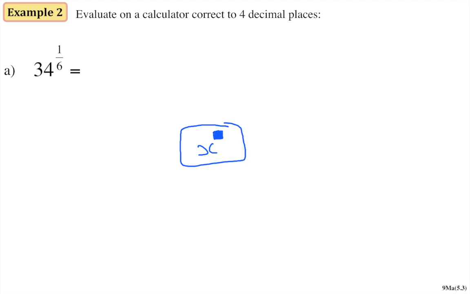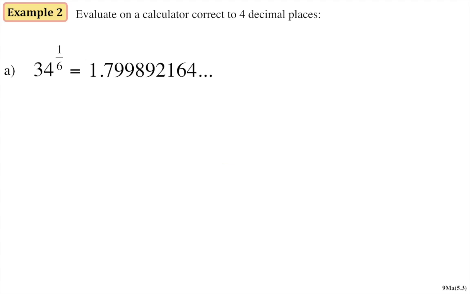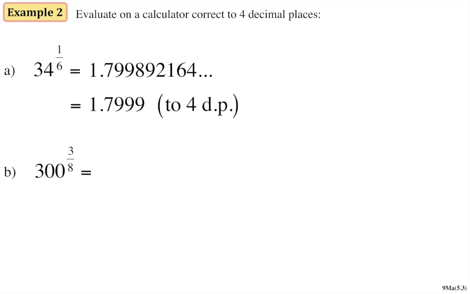So you'll go 34, then push your power button, then type in 1 over 6 using your fraction button, and you'll end up with your answer that looks like that. It keeps on going forever. But it says to 4 decimal places, so I want 1, 2, 3, 4 decimal places. That 9 is going to round things up, which means I get 1.7999 if I round it to 4 decimal places.